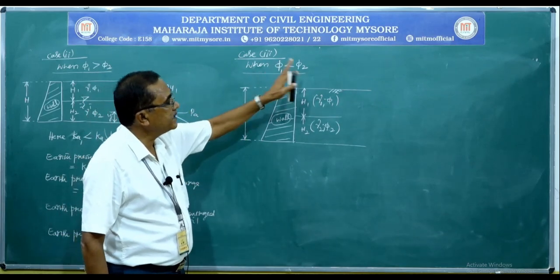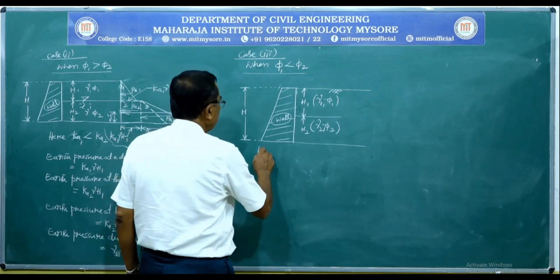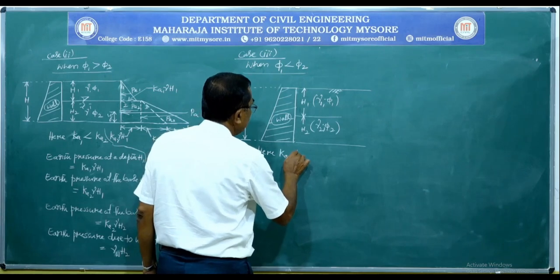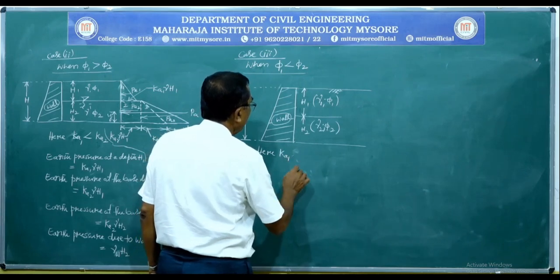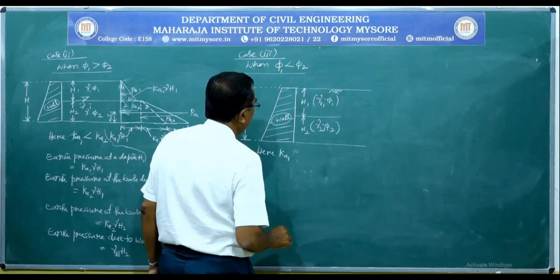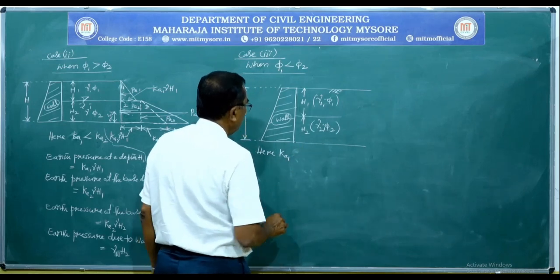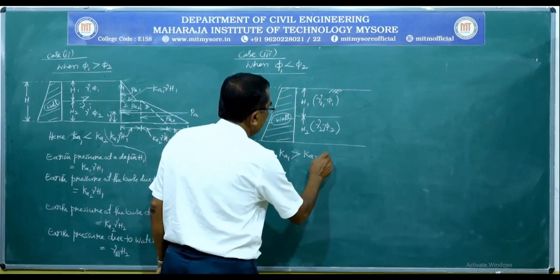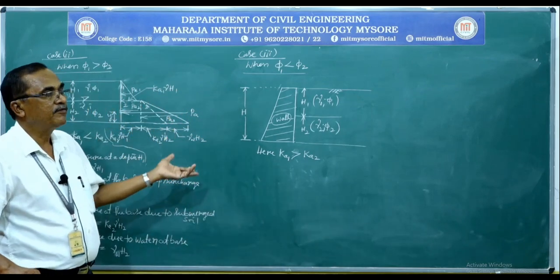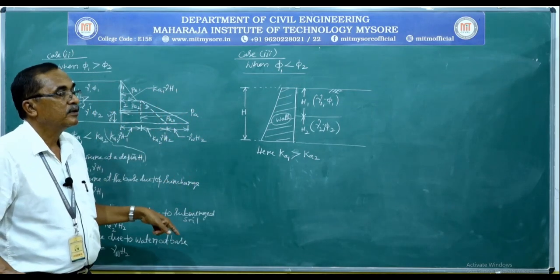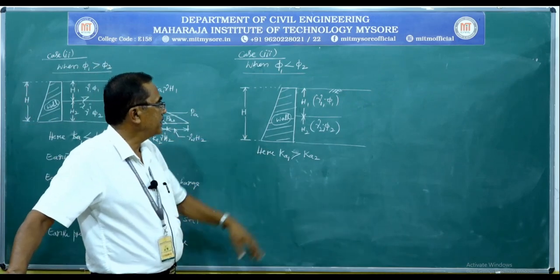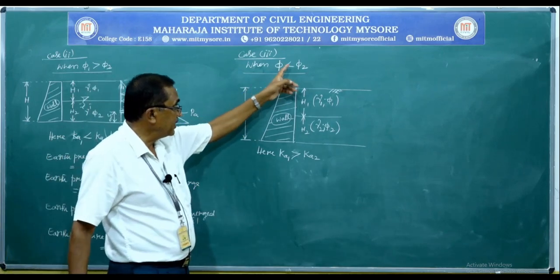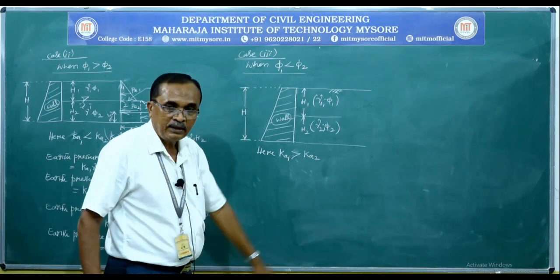As phi 1 is less than phi 2, Ka1 is greater than Ka2. With the increase in angle of friction, there will be a decrease in Ka value. A decrease in angle of friction, an increase in the Ka value. That is active earth pressure. So phi 1 is less than phi 2 means Ka1 must be greater than Ka2.